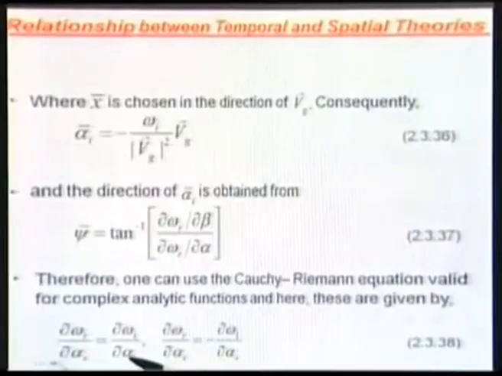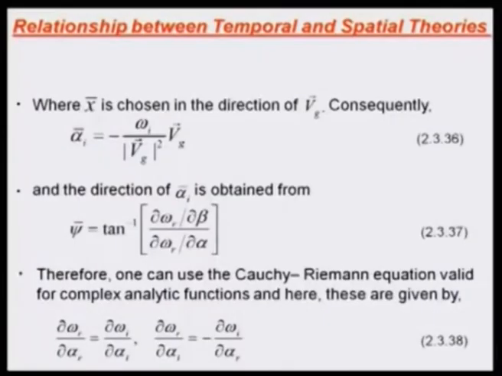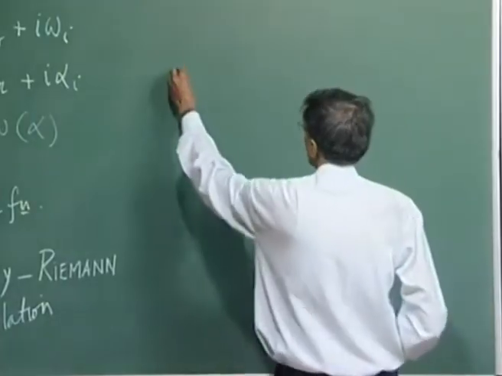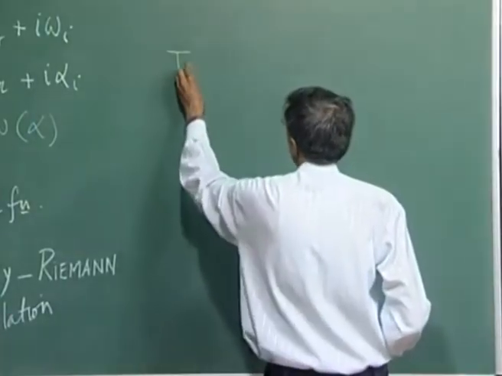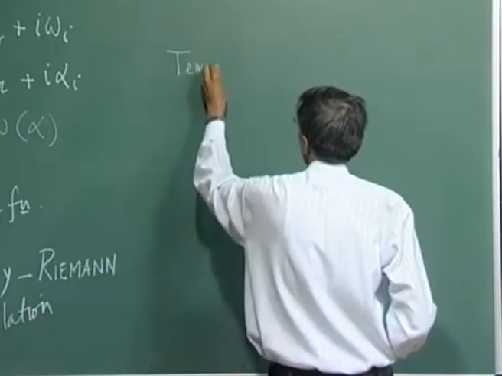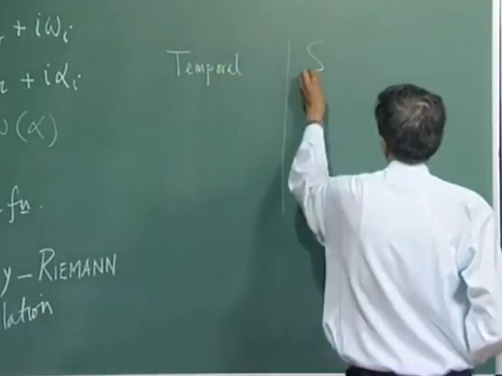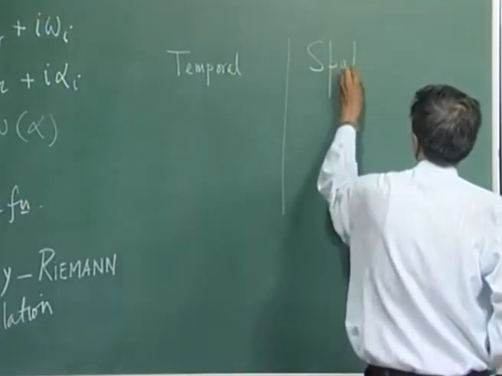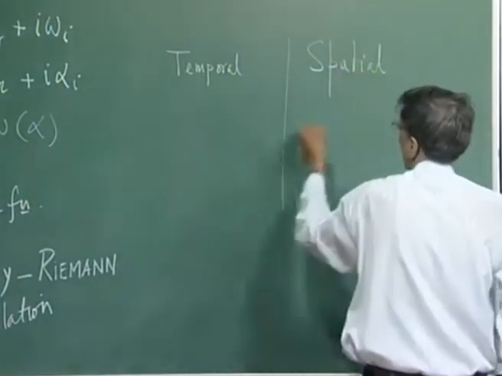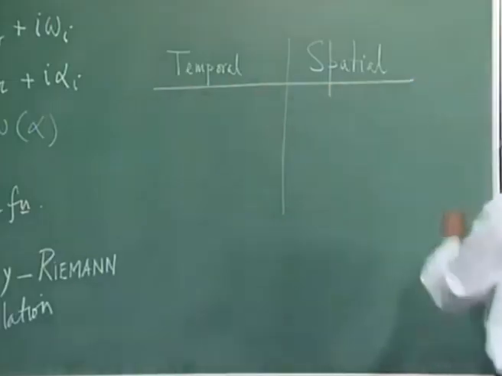And the right hand side, what we are noticing is a kind of a variation of the temporal growth rate with respect to the spatial growth rate. Now, if I draw this table here, if I have a temporal theory vis-a-vis a spatial theory, then what are we getting?